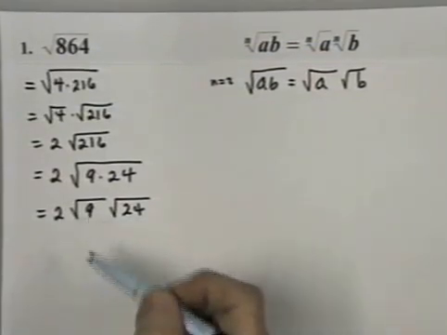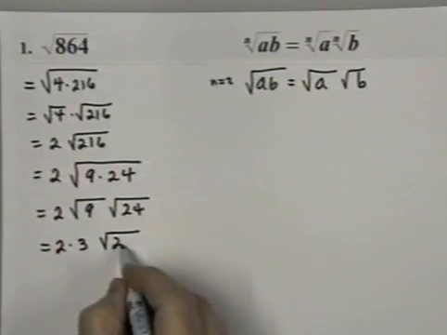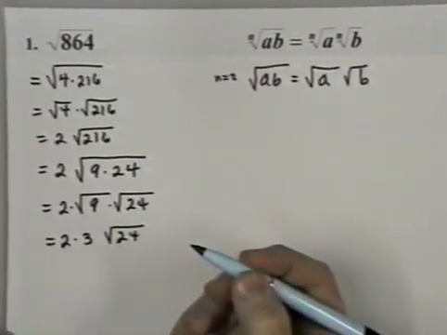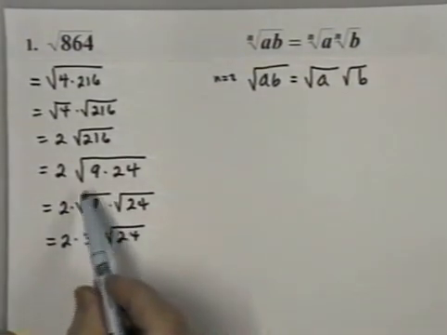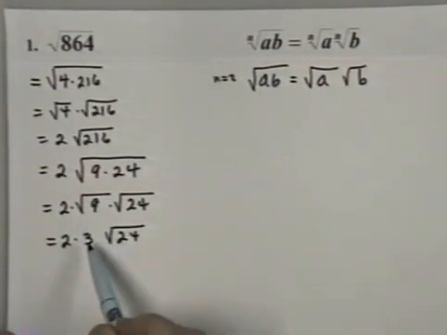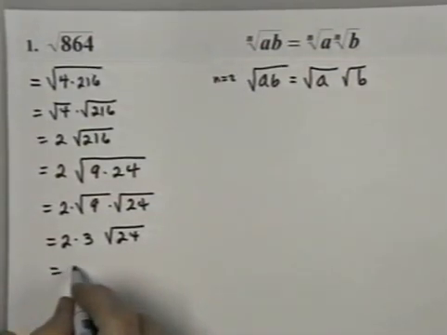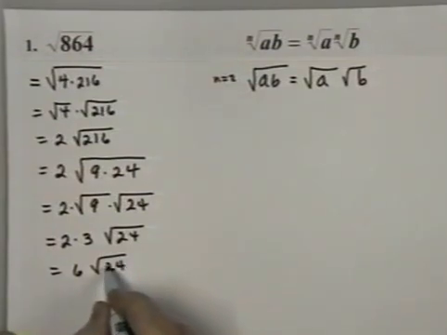And the square root of 9, I know, is 3. Notice this is all multiplication. That's 2 times that. This is the square root of 9 times that. So all I've done is simplify the square root of 9 to 3, because I know what it is. And let me just go another step and write that as 6 times the square root of 24.